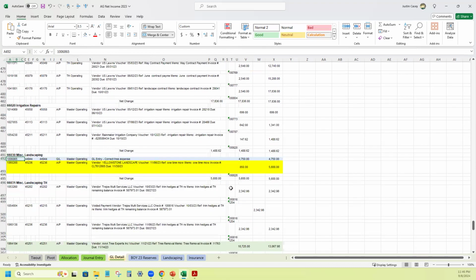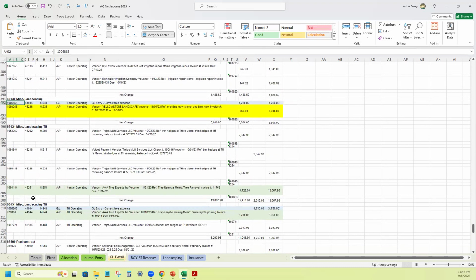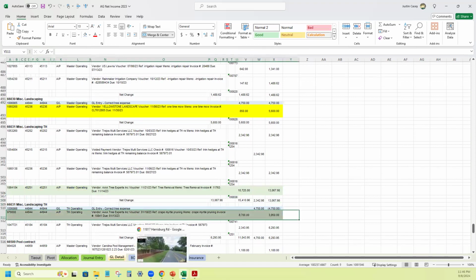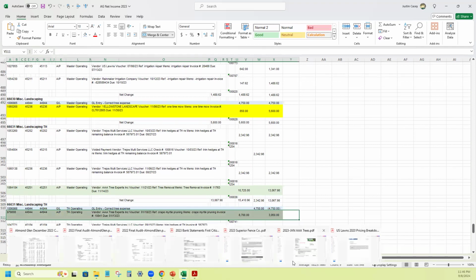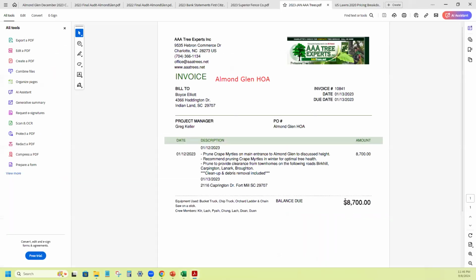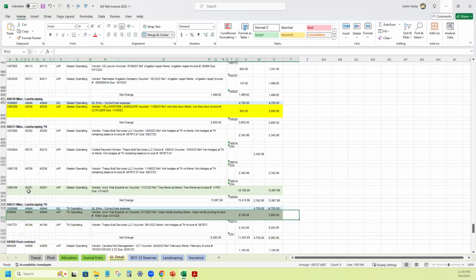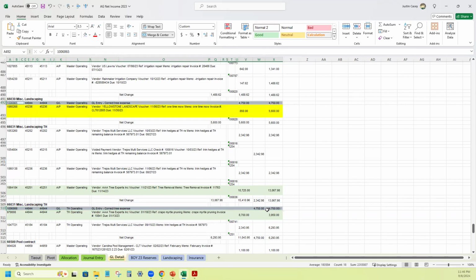So miscellaneous landscaping here. What happened in miscellaneous landscaping is that essentially this was another item that we had to get to the invoice level. We did some work with AAA Trees back in January of 2023, and looks like all of it was coded to townhome landscaping, but then there was a GL entry correction to reduce 4,700 of it that related to the common area.